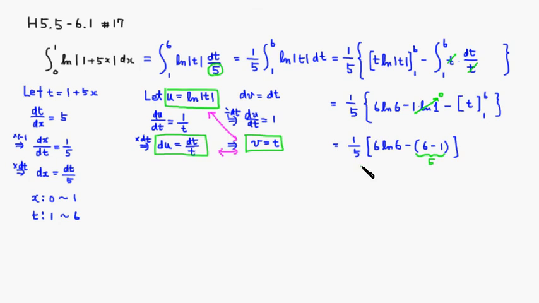So I'm going to distribute 1/5 to the first term, so that's going to give you 6 over 5 natural log of 6, and then I'm going to distribute 1/5 to -5, which is going to be +1.